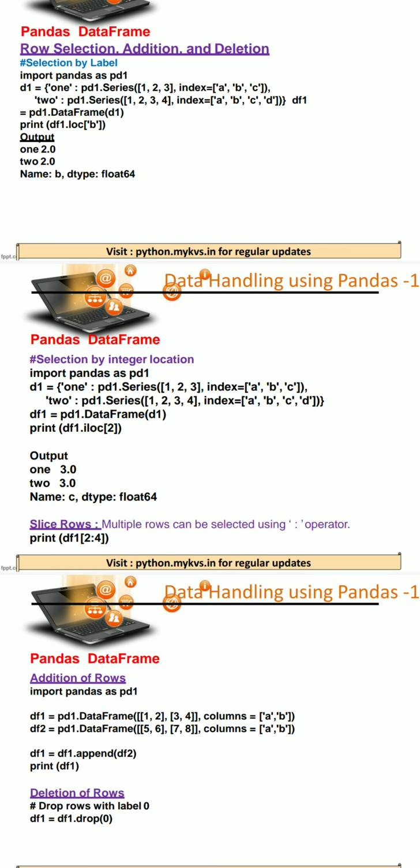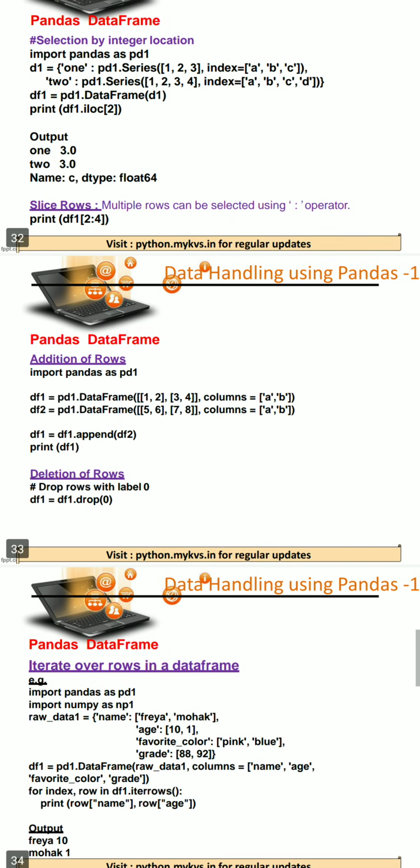Okay students, the next program is how to add a row. That is also possible, that is not hard. We can add a row with the help of the append method. What we have to do, we have to first create an additional data frame which is to be added at the end of the first data frame.